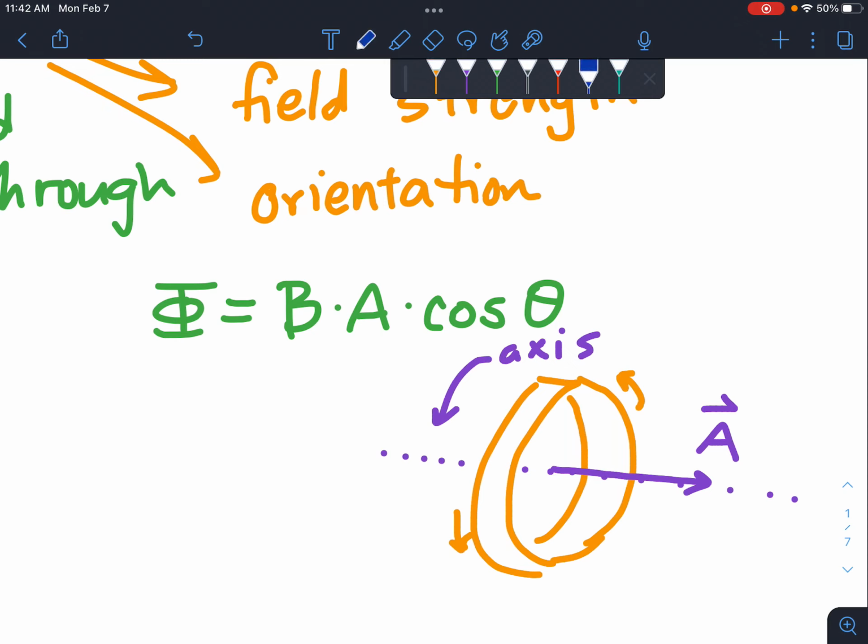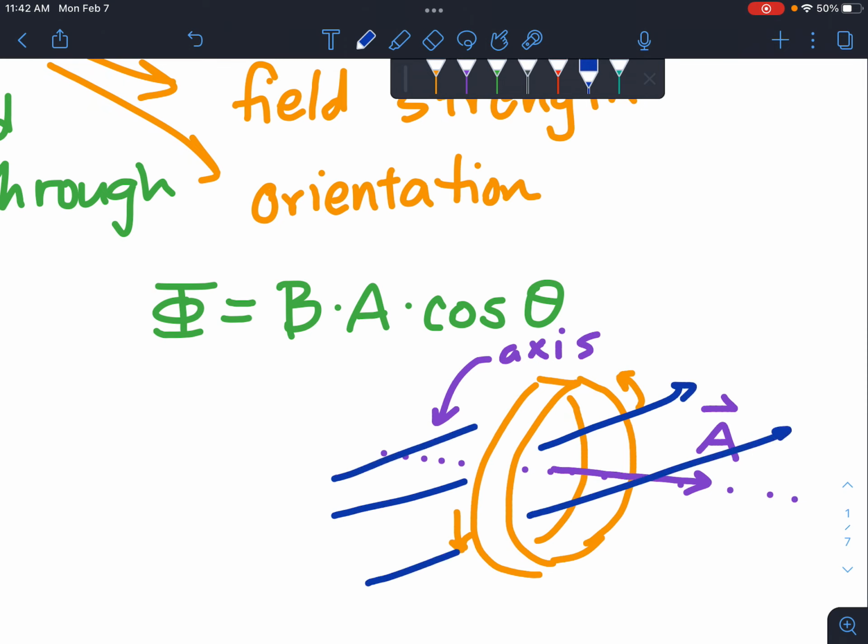If I have a magnetic field that is also in this area, passing through, some external magnetic field like that, then theta turns out to be this angle right there. It's the angle between the axis of the area, and that's easy to see if it's a circle.